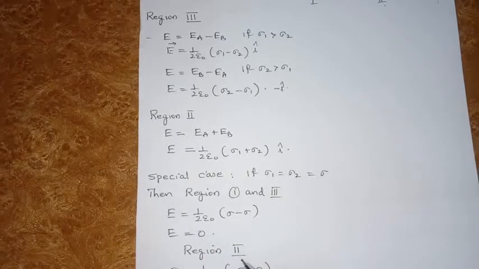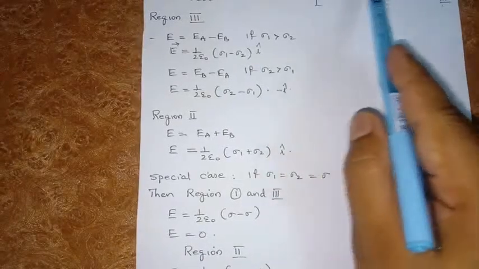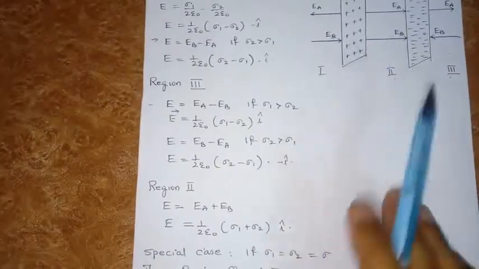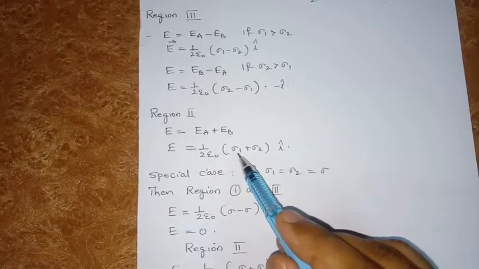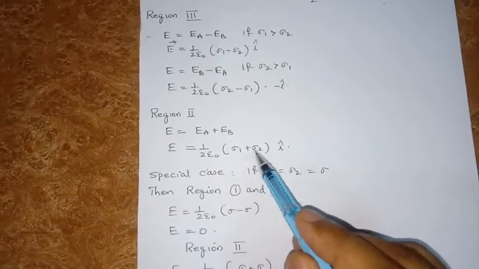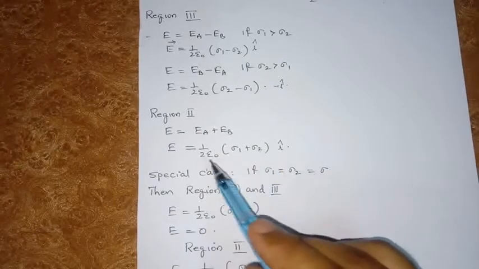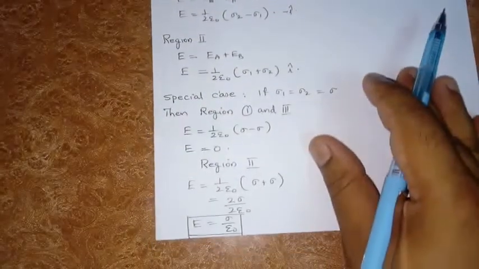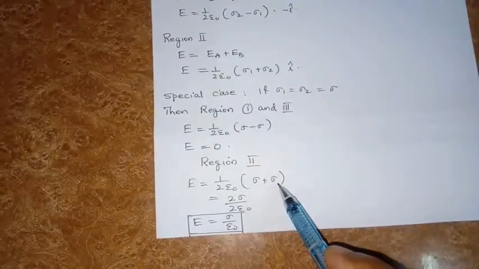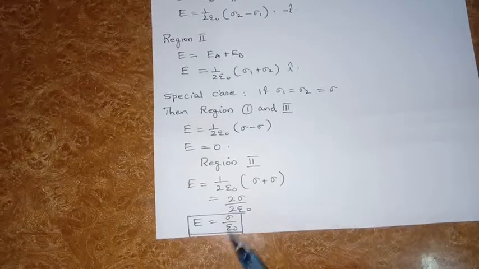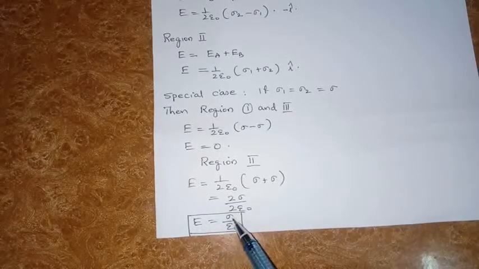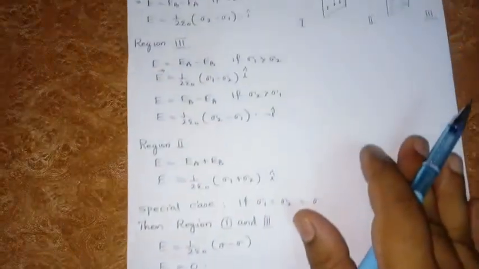But look at region 2. The electric fields are in the same direction. Therefore, the net electric field we already studied is 1 by 2 epsilon 0 times (sigma 1 plus sigma 2). If sigma 1 is equal to sigma 2, then 1 by 2 epsilon 0 times (sigma plus sigma), that means 1 by 2 epsilon 0 times 2 sigma. 2 and 2 cancel. Therefore, the electric field is equal to sigma by epsilon 0.